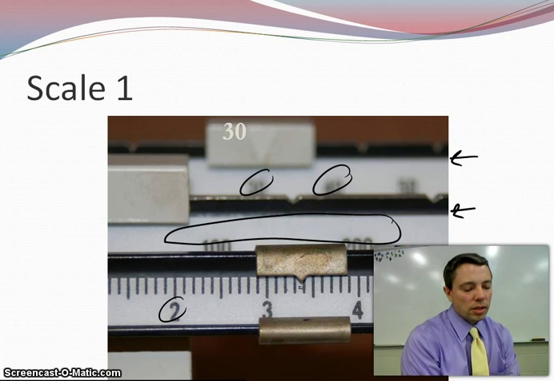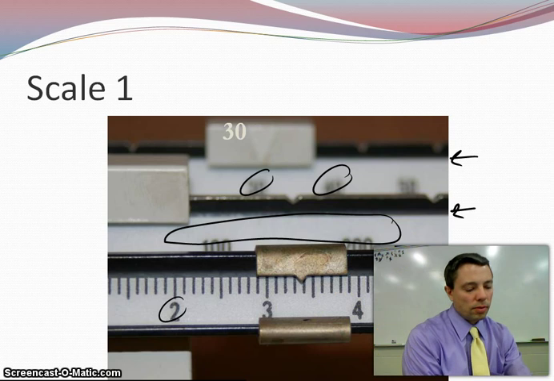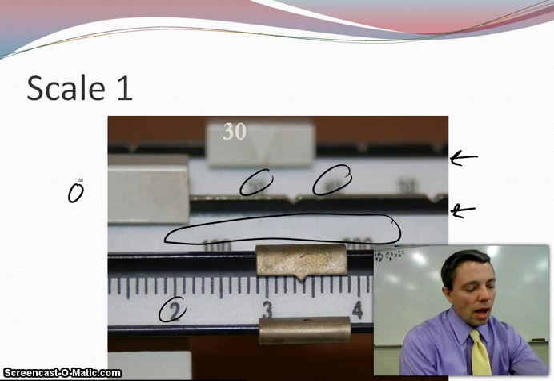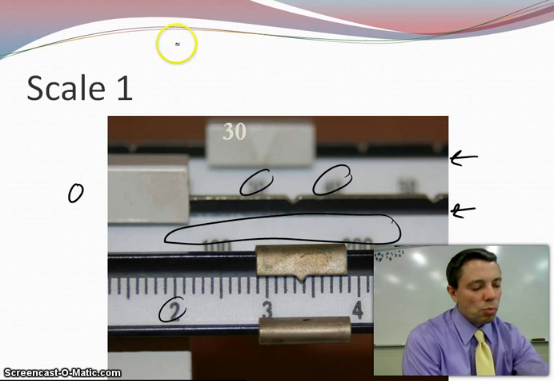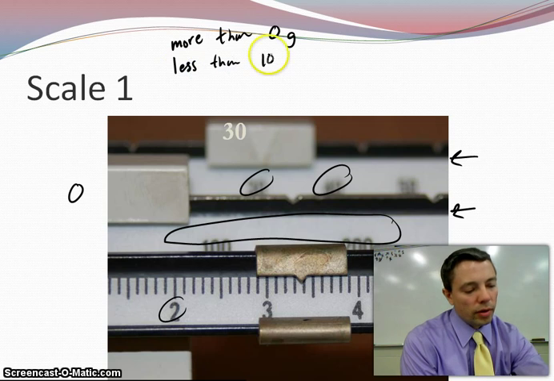So now, I'm guessing that you may see the picture, and I apologize, my picture's probably over the top of this, so I'm actually looking at this. But this slider right here is set to 0. So I'm more than 0 grams, but I'm less than 100 grams.